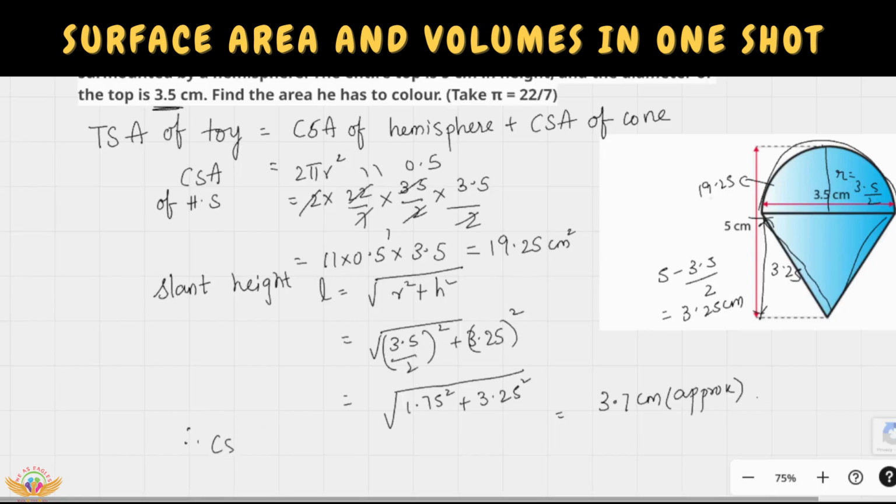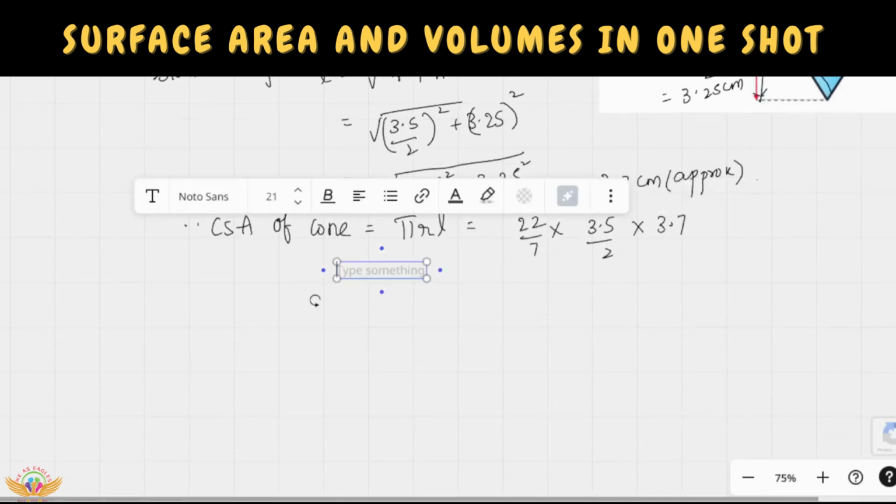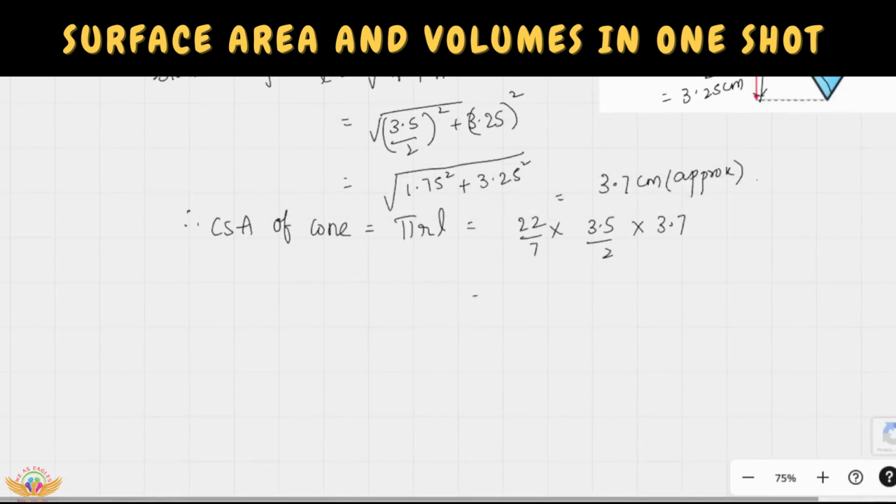So the curved surface area of cone, the formula is pi RL. So pi RL, substitute 22 by 7 into R, 3.5 by 2, into L, which we got as approximately 3.7. Now 2 ones are 2, 2 elevens are 22, 7 ones are 7, 7.5 are.